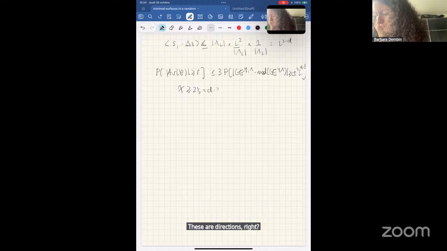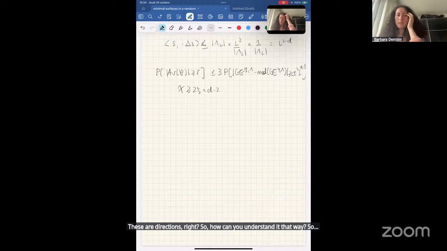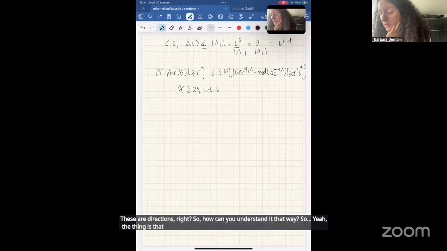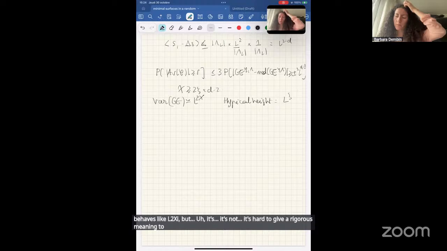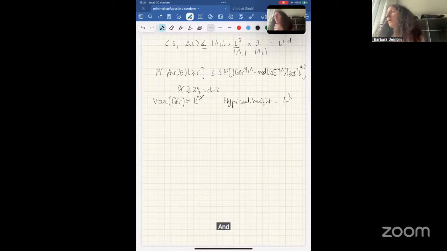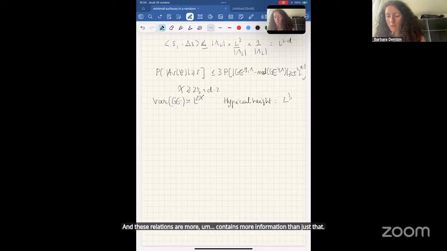So how can you understand it that way? We expect that G_eta behaves like L^chi, and that the typical height behaves like L^xi, but it's hard to give a rigorous meaning to these exponents. And these relations contain more information than just that, but can be understood in this way.